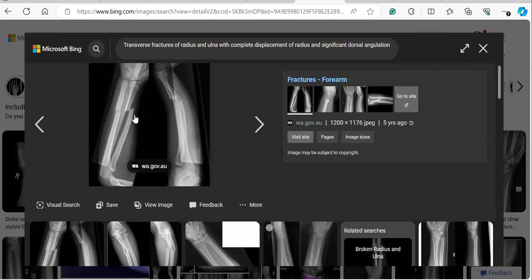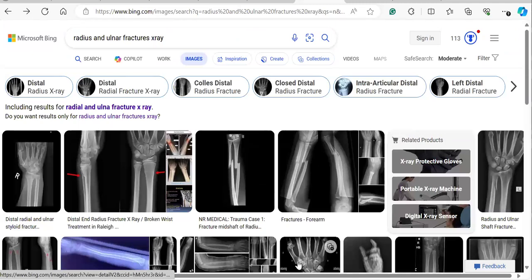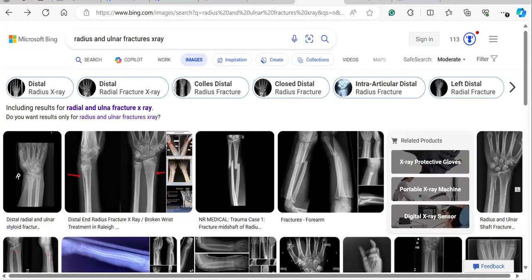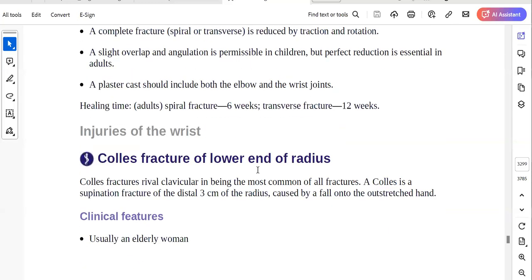You can see the shaft of the radius and ulna has both got fractured. For something like that, they would need a reduction and then a plate put in. And what is the healing time? For patients with spiral fracture, 6 weeks, and for transverse fracture, 12 weeks for radius and ulna.